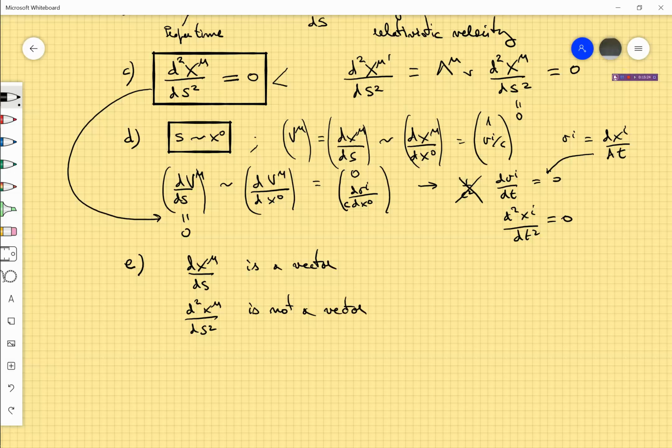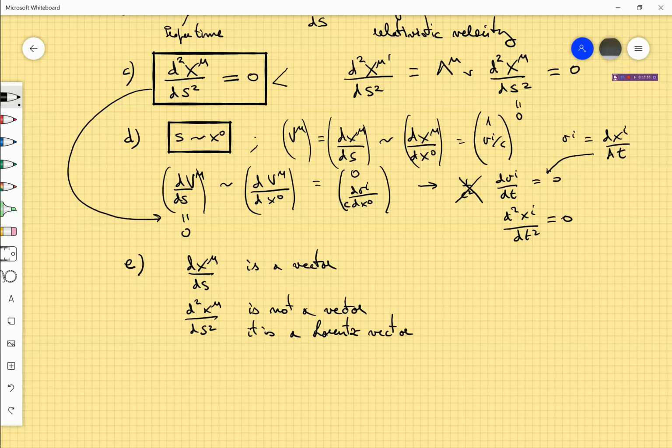It does not transform contravariantly under arbitrary changes of coordinates, only under Poincaré transformations. You can say that it is a Lorentz vector, if you want, because only Lorentz transformations play a role here.